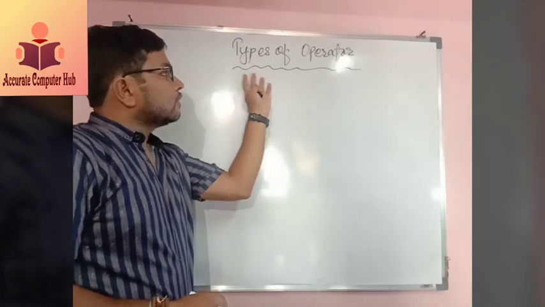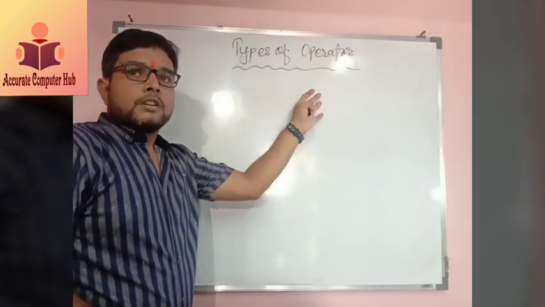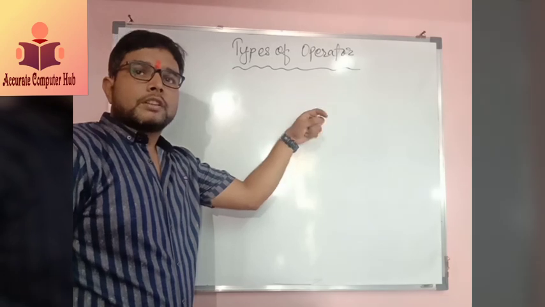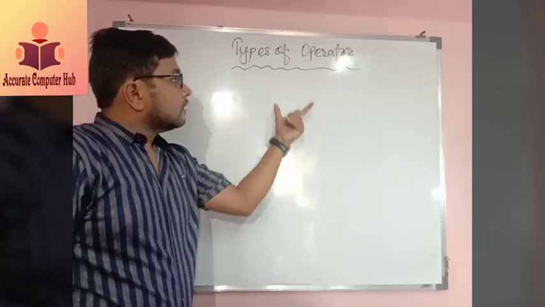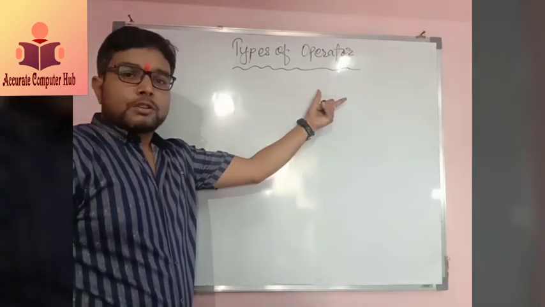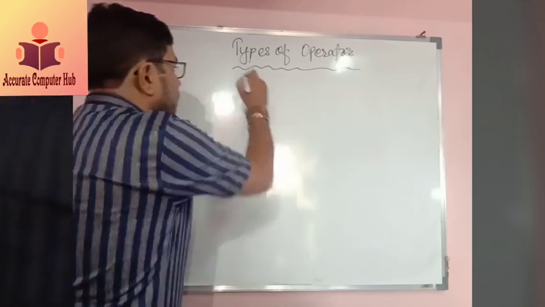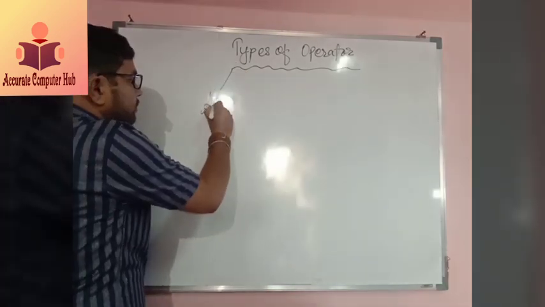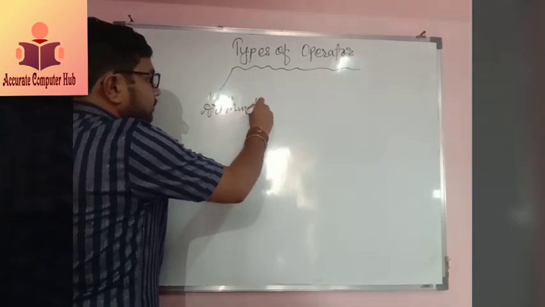Now we have to learn about the types of operators. You already learned that the signs or symbols we use to perform any operation are called operators. Mainly there are 3 types of operators. What are they? First is the arithmetical operator.